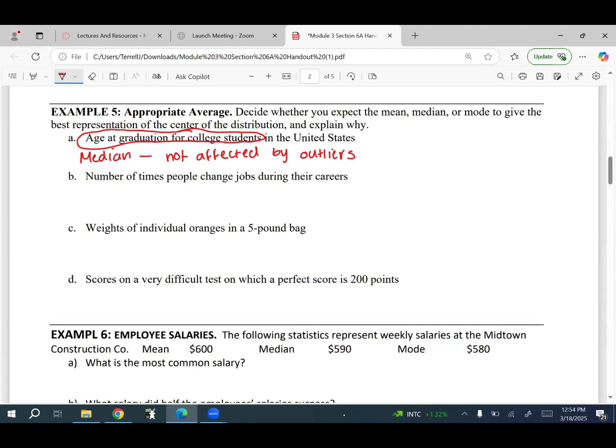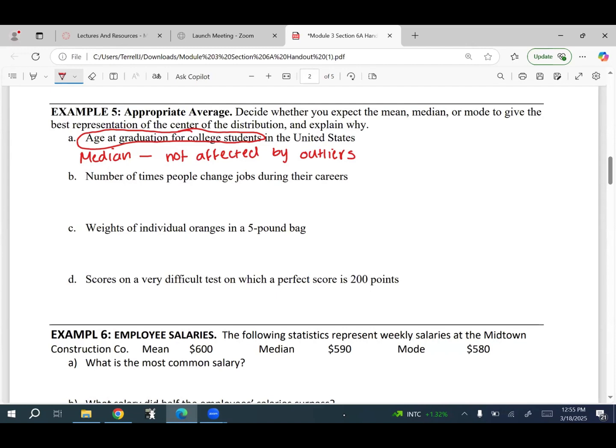The B, number of times people change jobs during their careers. This is similar to A. So if I was looking for the best measure of center here, again, my options are mean, median, or mode. Median would also be the best representation of center, because once again, when you're considering the number of times people change jobs, there is a greater potential for outliers here.